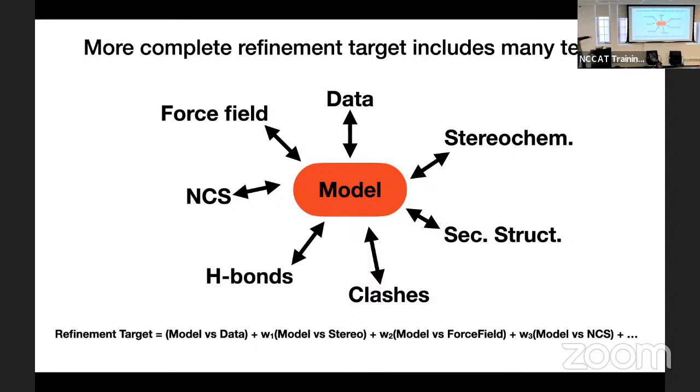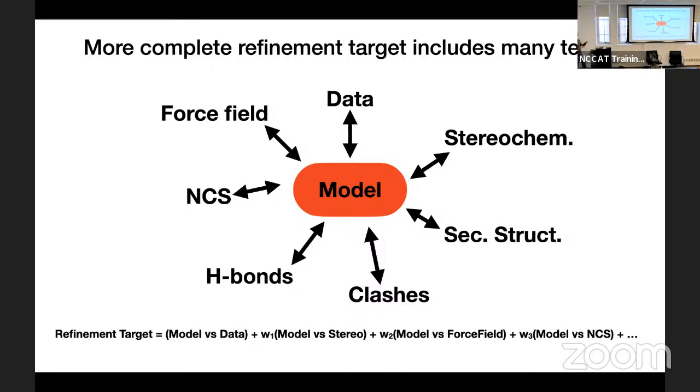Some refinement packages will also bring in some kind of force field, like a chemical force field such as CHARMM, for example, that is trying to model the energetics of the system, or a more pseudo force field, like Rosetta, where it's not really a chemical atomistic force field, but it is providing some sort of information about the way the protein should look.